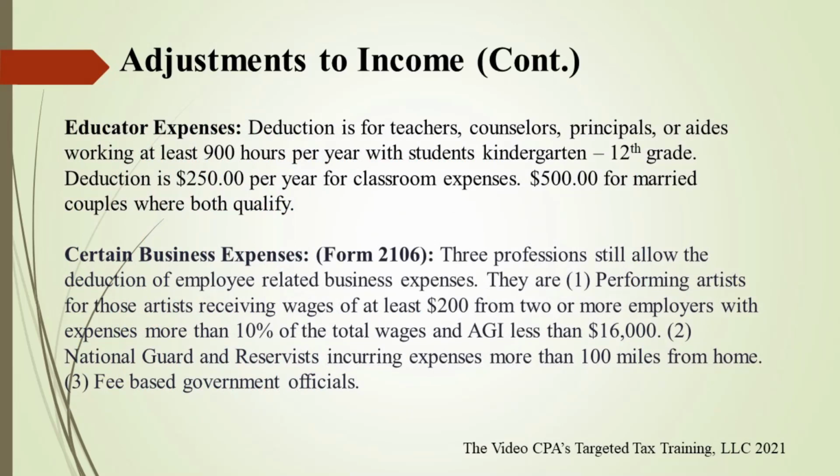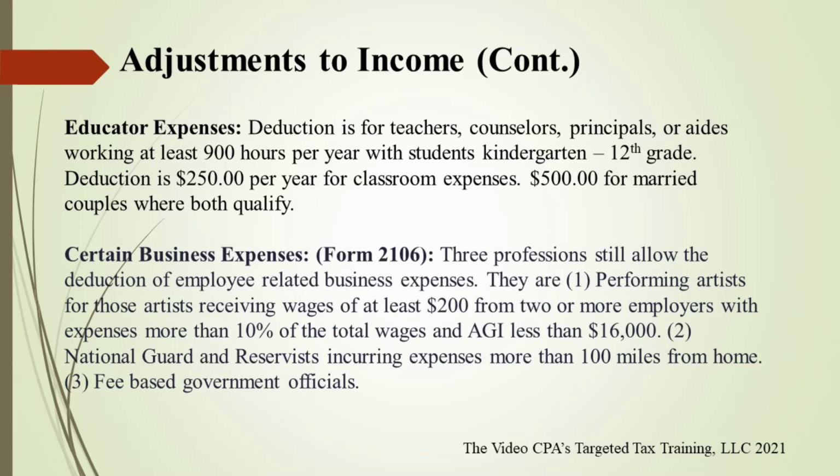All right, let's look at educator expenses. This is a whopping $250 for teachers who are involved in teaching students kindergarten through the 12th grade, and who spend money on their classroom expenses. So if you're married and your spouse is a teacher also, you can actually take a $500 deduction.